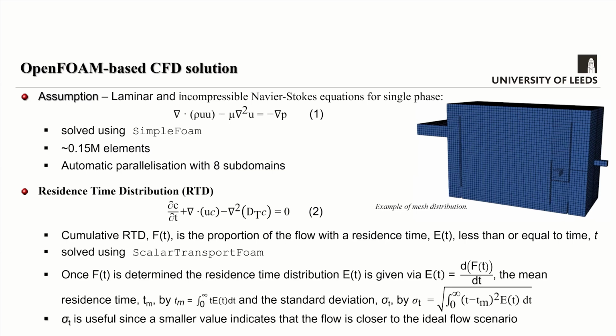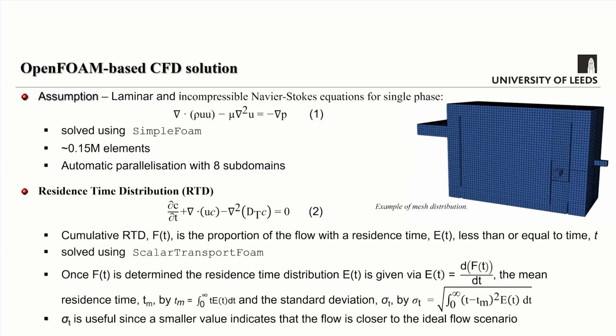So for instance, what we have here is time t. We will have something like that. We put the tracer, and this one is F, and then we differentiate, and sometimes we will have something like that. So this is the idea, and the idea for such a system is to reach plug flow.